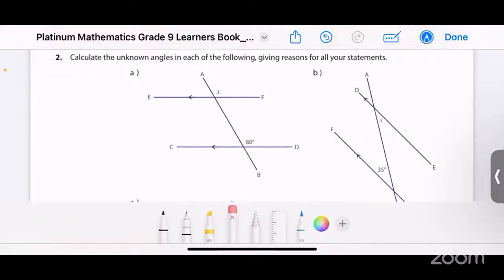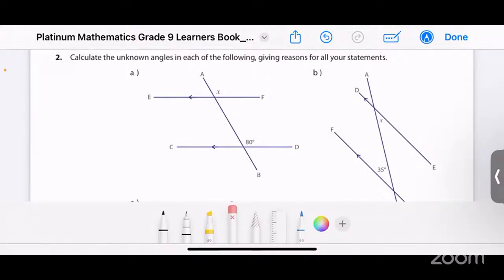The first, now we see they are putting the arrows. They are now showing that these are parallel lines, ne? With that transversal line AD. What is the value of X? The value of X is 80.